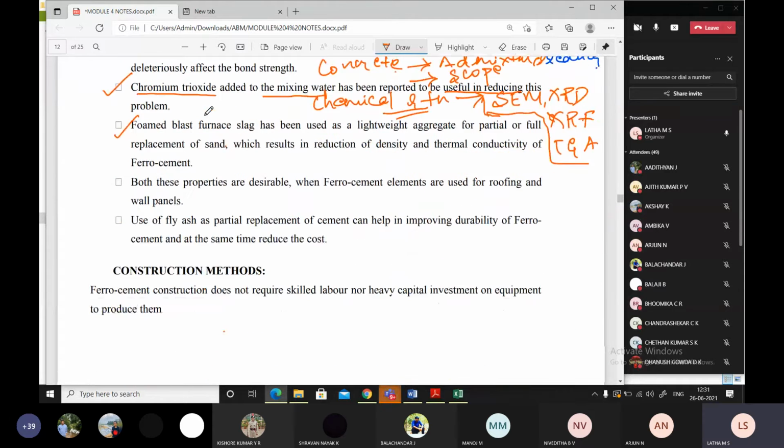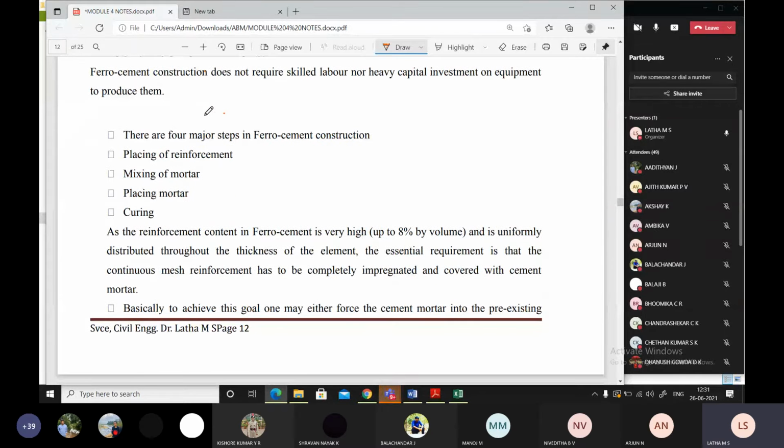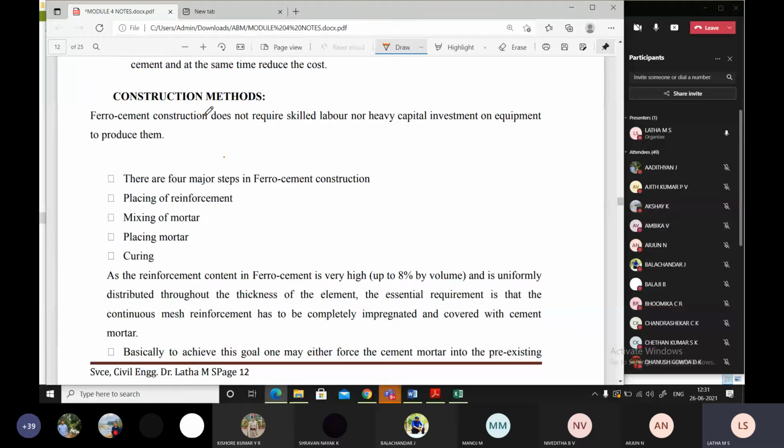Okay, now coming to the construction. How do you construct a concrete cube, students? Before I go with the construction of ferrocement, how do you make the construction of a concrete cube?